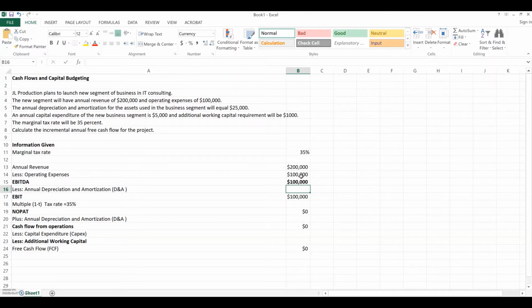Then we have to deduct the annual depreciation and amortization from the EBITDA. There are two concepts, depreciation and amortization. Depreciation is an accounting method of allocating the cost of tangible assets. Remember, depreciation is charged for tangible assets.